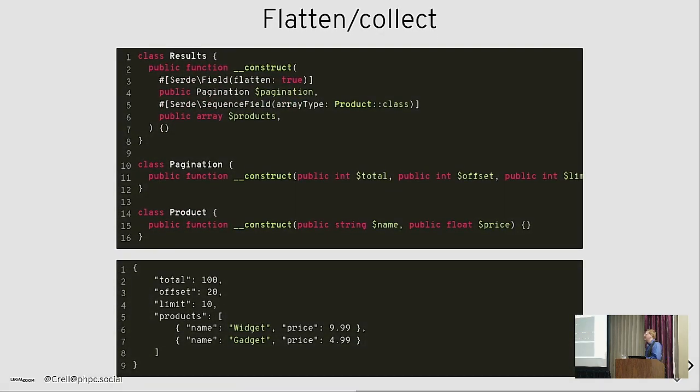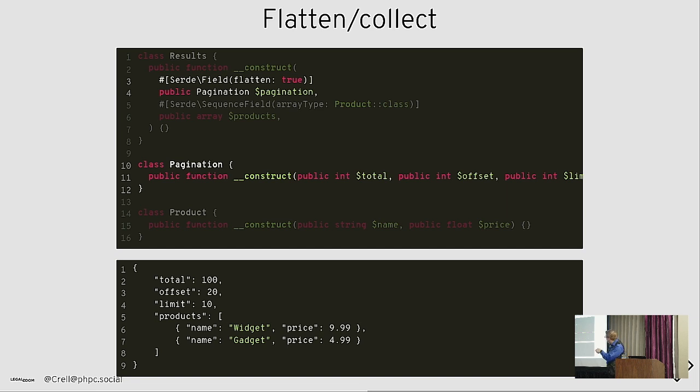This is the one that I really needed for TYPO3, flattening. That's the name that I believe Rust Serde uses for this. And the idea is, if you have a pagination object here, so we've got a result class, we've got a pagination object, then that has just some values of its own. That's useful in PHP, but not so useful in JSON.